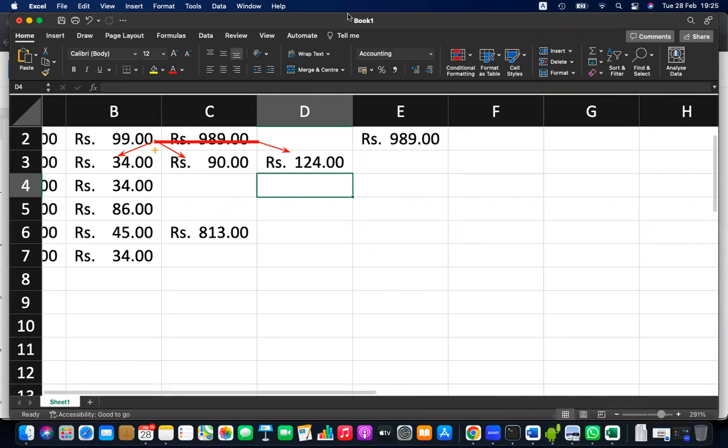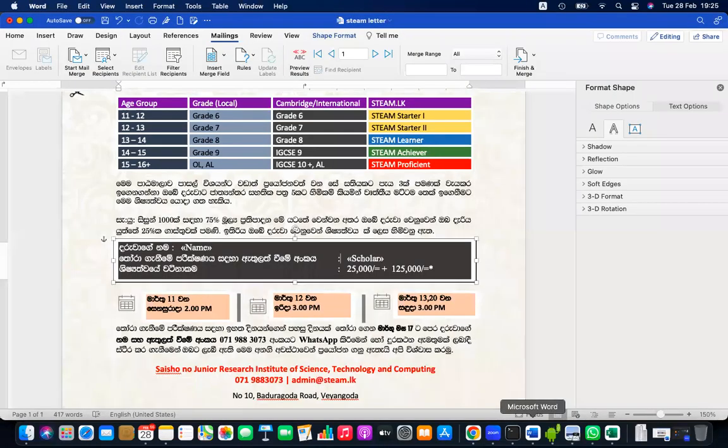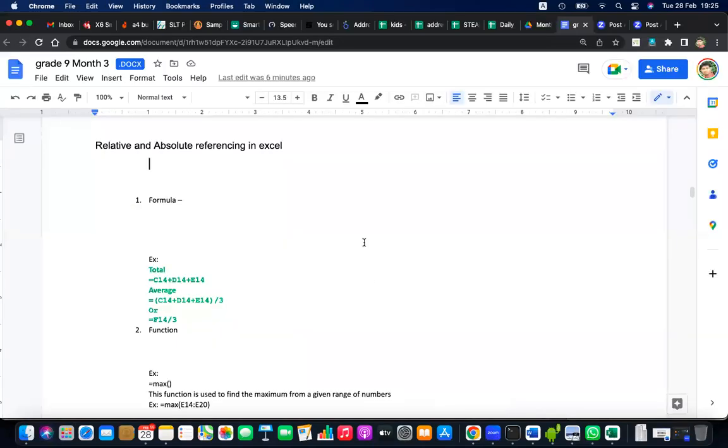Okay, let's write that down. In Excel, they are using formulas and functions when calculating and comparing values.